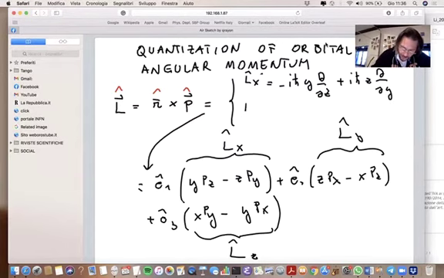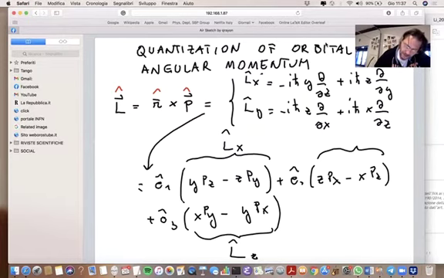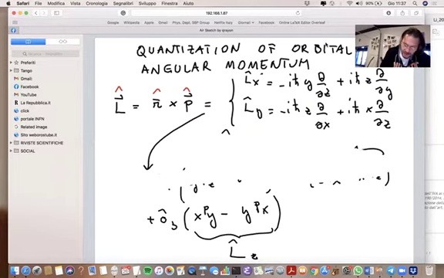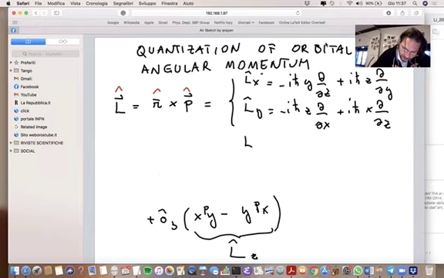Then I have the quantum version of the y component. It's going to be negative i h bar z d by dx plus i h bar x d by dz. And the last component, the z component, is going to be negative i h bar x d by dy plus i h bar y d by dx.